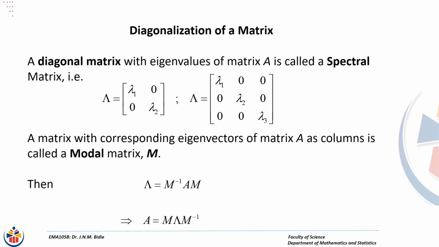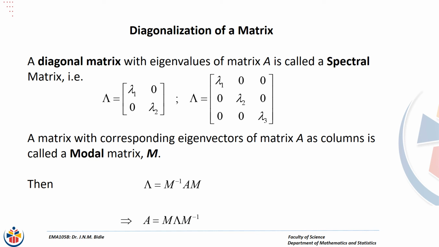Now remember that eigenvectors always correspond to eigenvalues. So a model matrix is a matrix with corresponding eigenvectors of matrix A as columns.